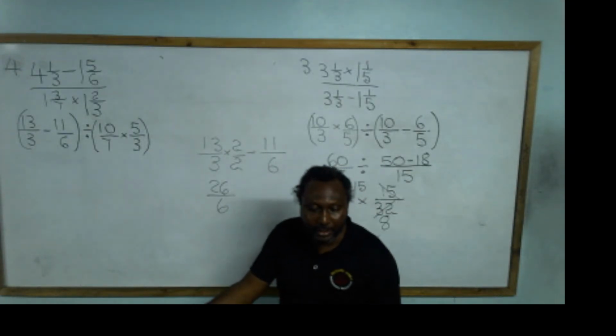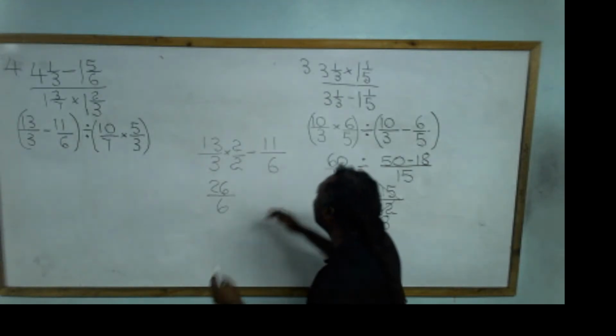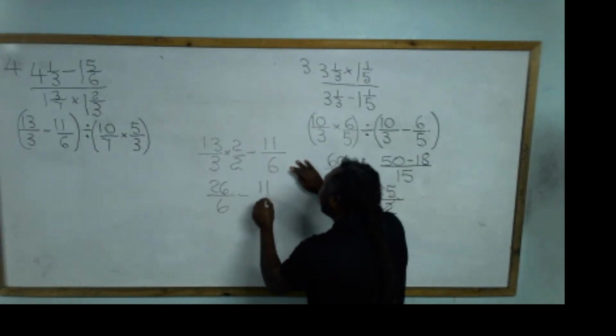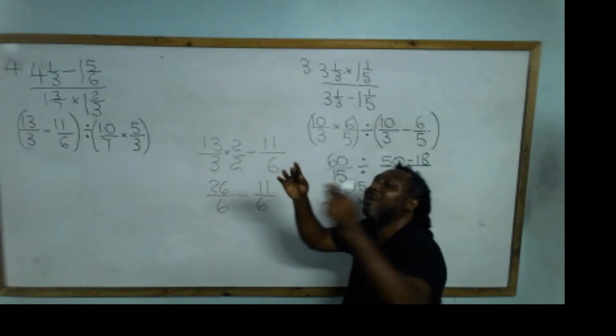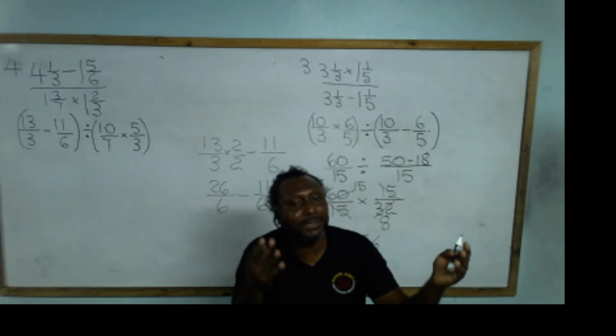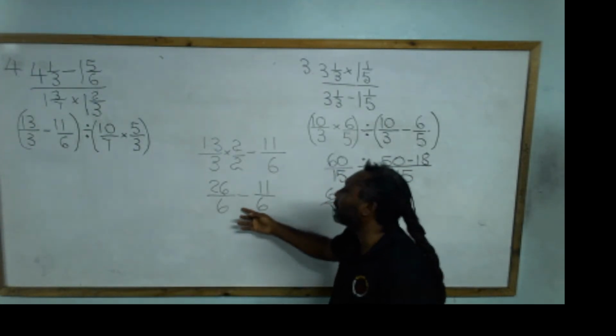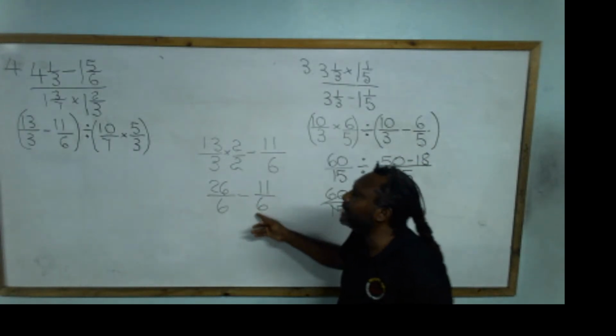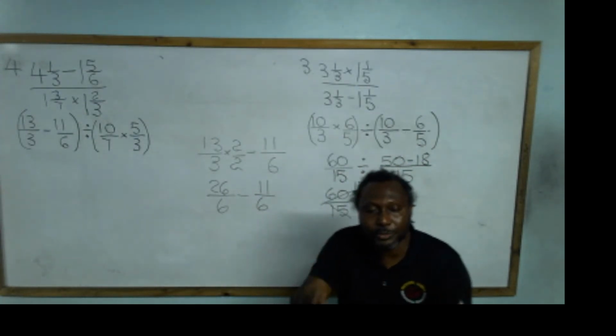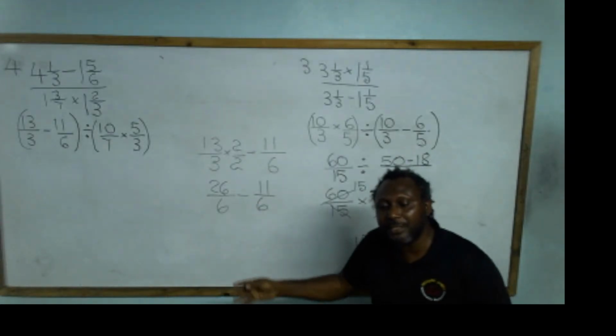What's the reason for doing that? The reason for doing that is to get the same denominators, so you can go back to your first fraction problem in primary school where you subtract fractions that have the same denominators. So you just subtract the numerators and put it back over the denominator.